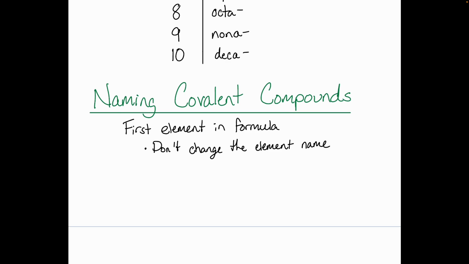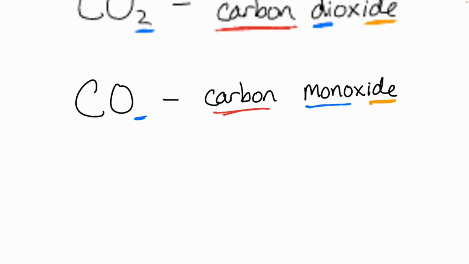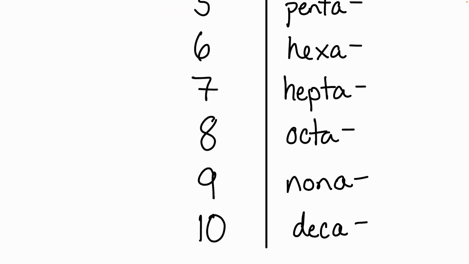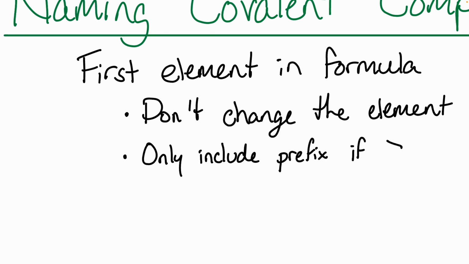Okay, it's just going to be whatever it says on the periodic table. Okay, the other thing to note from our example here, this second one was carbon monoxide. The mono indicates that there's one. But it wasn't monocarbon monoxide, all right? So if there's only one of those first elements, you're going to leave off the prefix. If there's more than one, you do have to include the prefix, all right? So we're not going to touch the name at all, and we're going to only include the prefix if there's more than one of them.